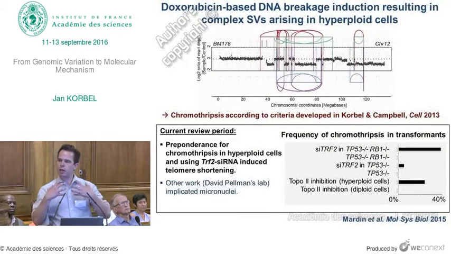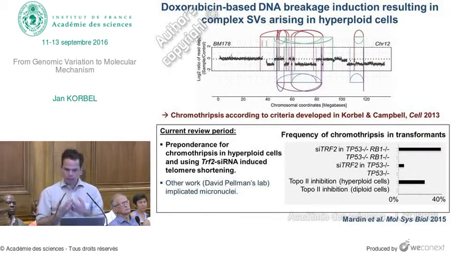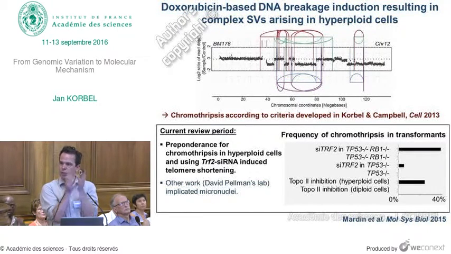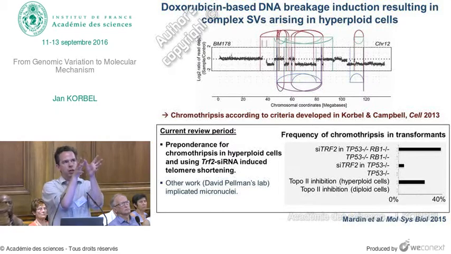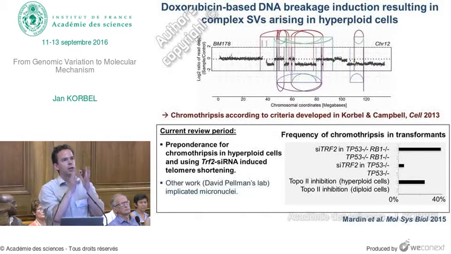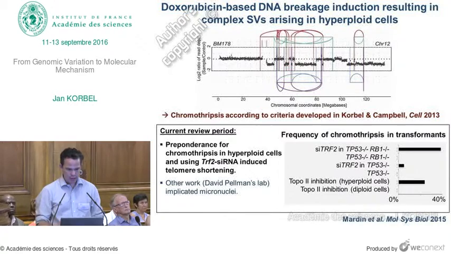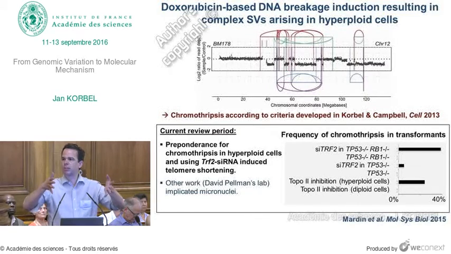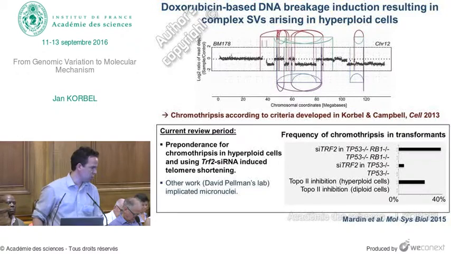So with this, we are now able, in the laboratory, to regenerate Chromothripsis events, which is, for us, a prerequisite to study further this process, and by implicating hyperploidy and telomere shortening, we already provide a glimpse of how this method can be used to get further mechanistic insights that we would like to acquire in the future.